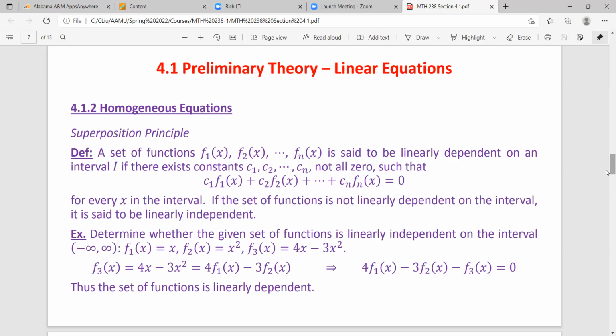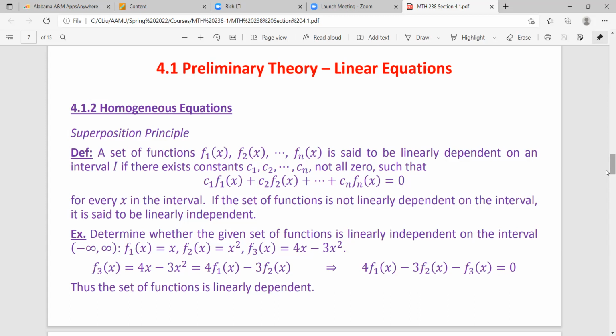The other way to state this fact is that you can rewrite or express any function in this set as a linear combination of other functions in this set.